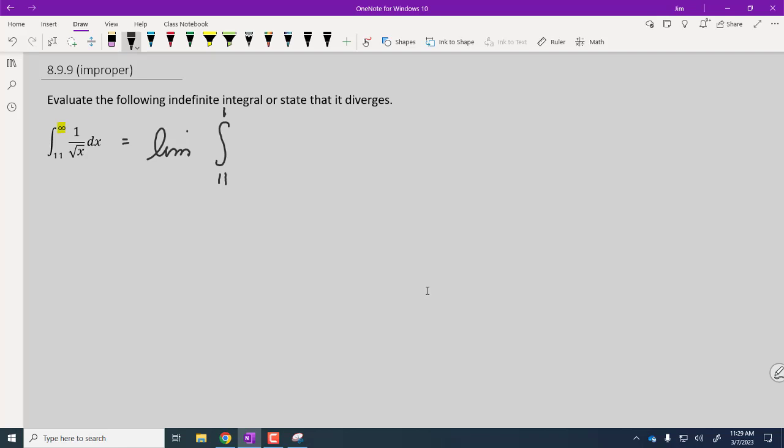So to make it a definite integral, we're going to go 11 to b, and then we'll let b go to infinity. So the limit as b goes to infinity of the definite integral 11 to b. We're going to pop that x up into the numerator with a negative 1/2 exponent. Then we can use the power rule.